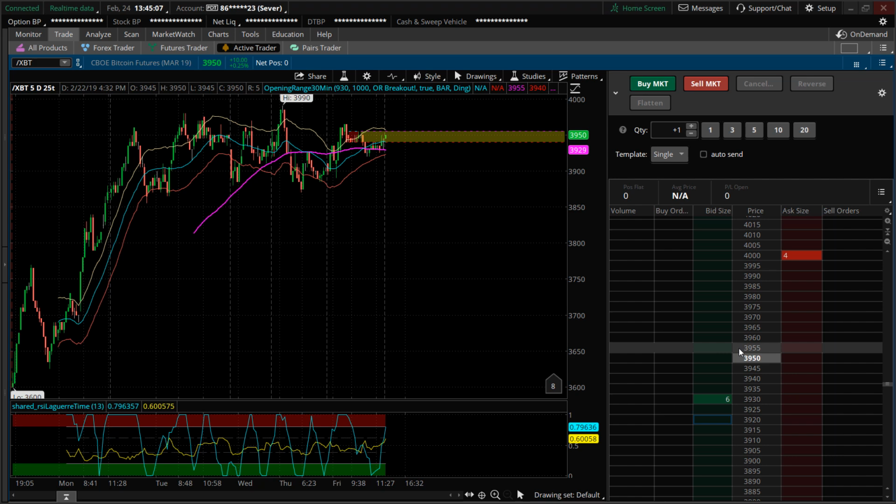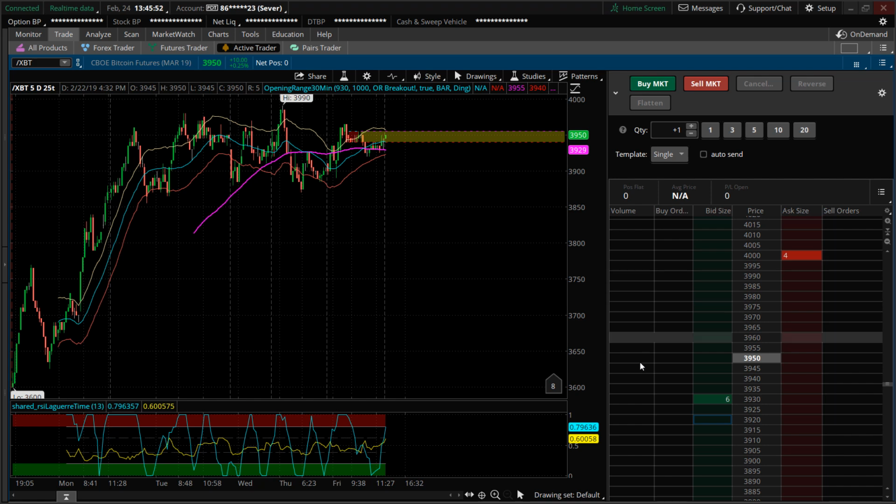So there's a one-to-one relationship between one contract of the Bitcoin XBT futures and the value I get from that contract. Again, I'm just renting this contract and riding the gains or the losses. By the same token, say I went long at 39.50 and the price drops to 39.20 and I close out the trade at that point, I have lost $30.